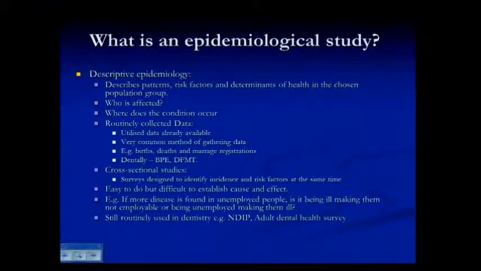And those are all just either surveys that people fill in or examinations that people have had. And it tells us who they are, like how old they are, where they're from, and what the state of their teeth is. So it shows us trends and distribution, but not necessarily cause. So that's descriptive epidemiology.